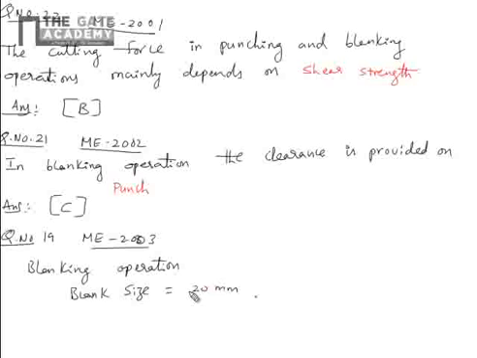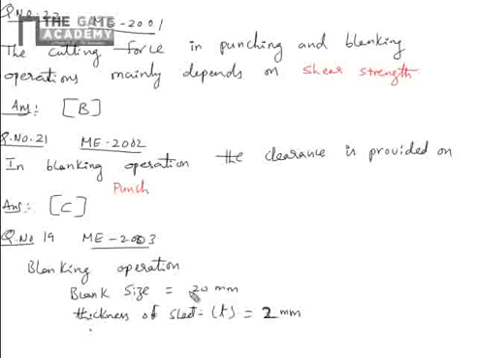Sheet thickness t equals 2 mm. Clearance is 3%.